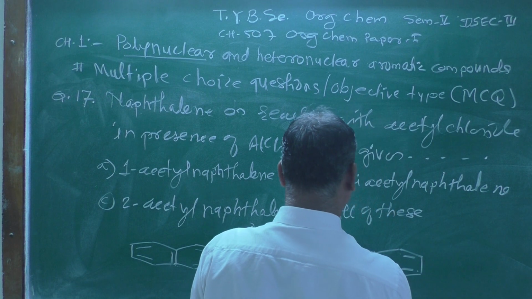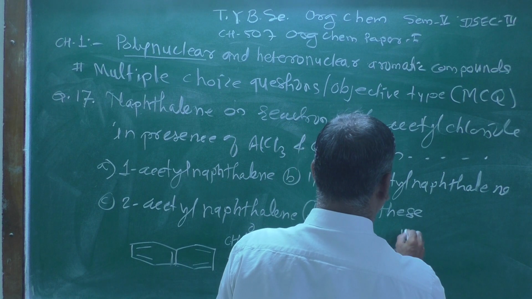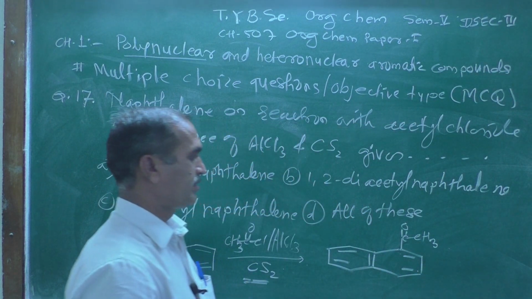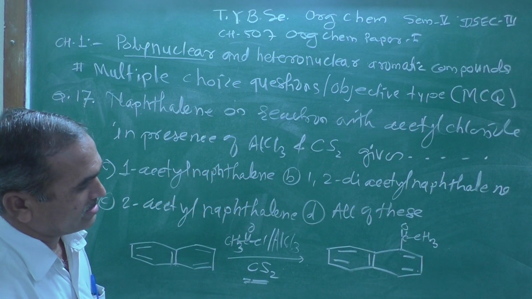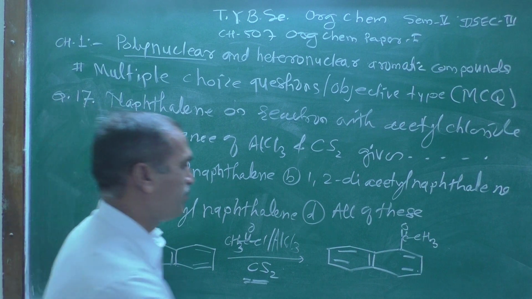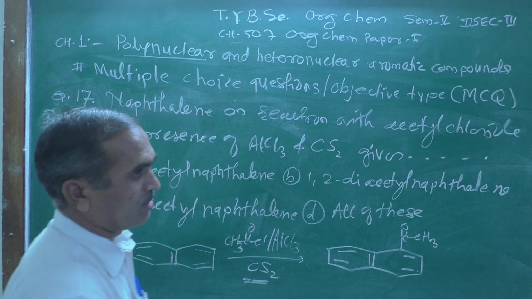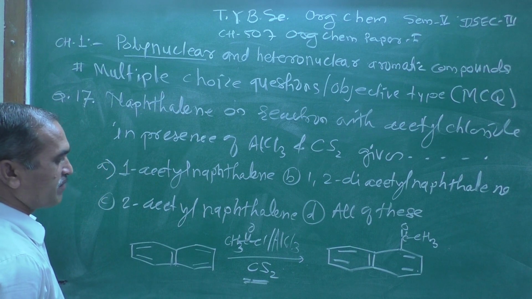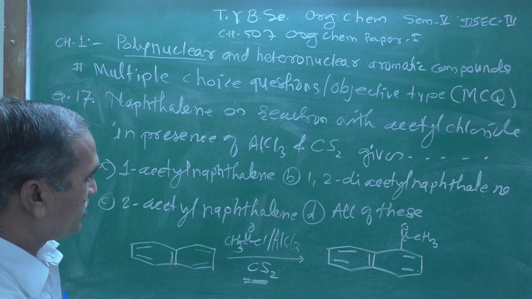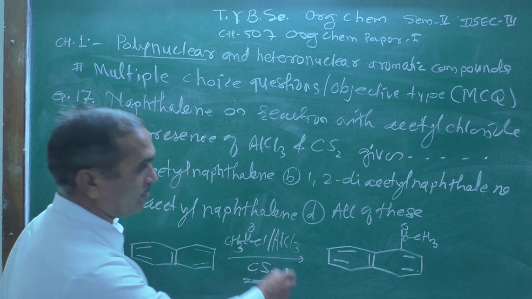Now when we are using this type of solvent, the resulting compound exclusively gives the product you can see here, with the acetyl group present at one position exclusively. This is the major product given by this Friedel-Crafts acylation reaction when it is treated in presence of carbon disulfide.